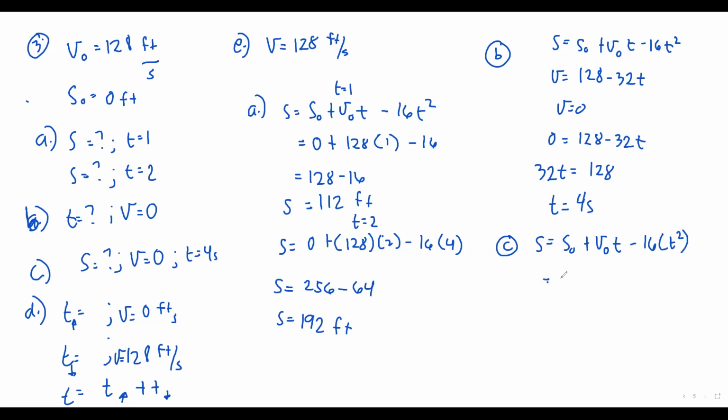So, 0 plus 128 times 4 minus 16 times 16. So, S is equals to 128 times 4, 512 minus 256. Tama ba? 256. So, S is equal to 256 feet.